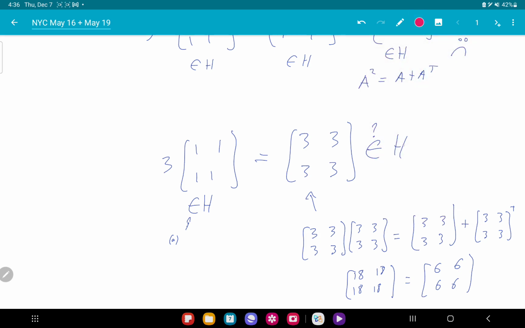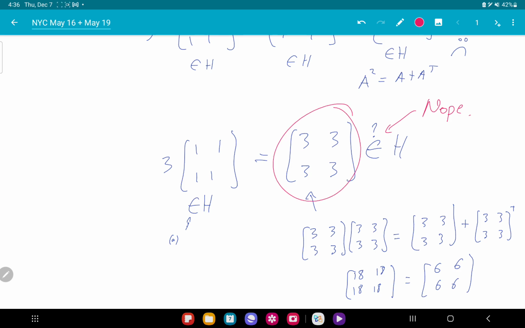So that new matrix is not in H. Okay, so what have I found? I have a matrix in H, [[1, 1], [1, 1]]. I found it's in H. I found that in part A of the question. I multiplied by 3.